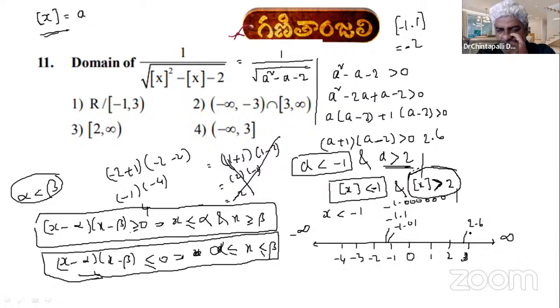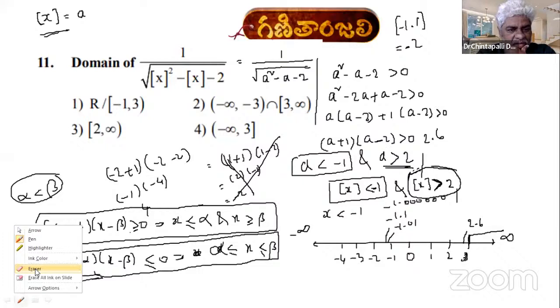3 is included or excluded here? Included, sir. So 3 to infinity, and -infinity to -1. Here the option is given in a different way.